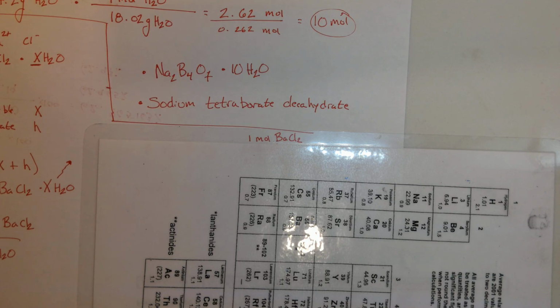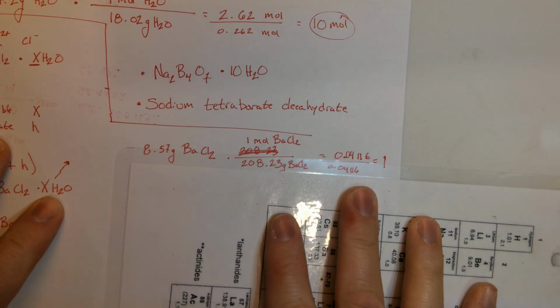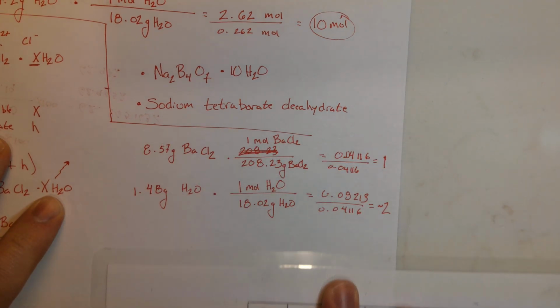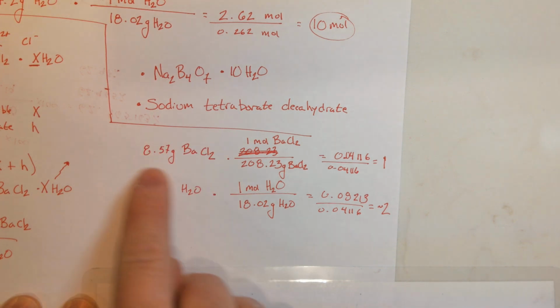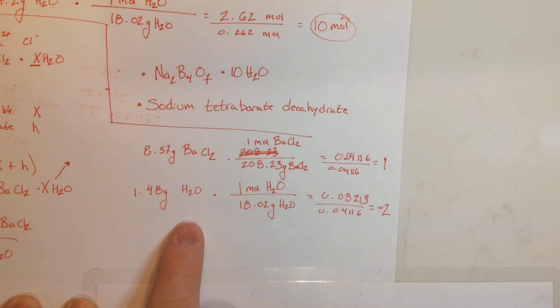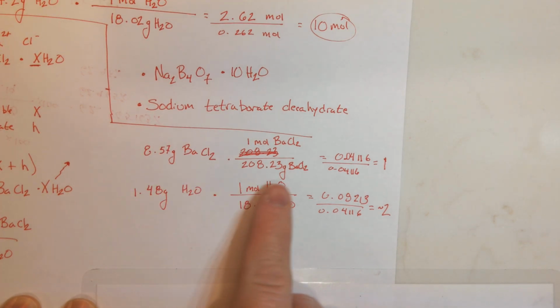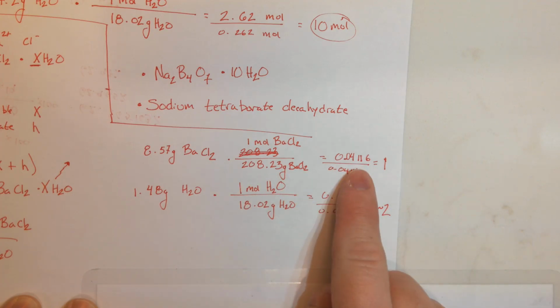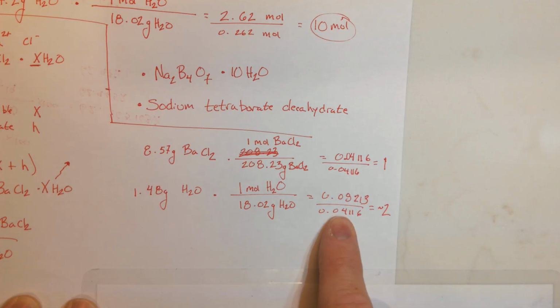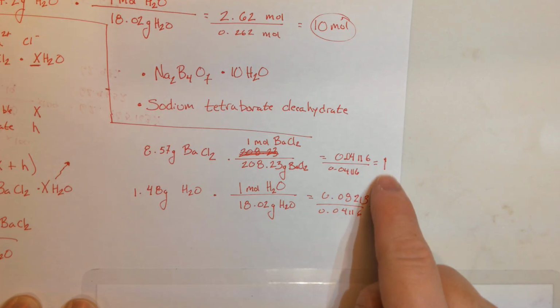Okay, so hopefully you've been able to do this with your neighbor. Okay, and hopefully you've done it the same way that we did it before, right? So what we do here is we take the amount of anhydrate and the amount of water, and we convert that into moles using the molar mass. Then we divide by the smaller number and we get the mole to mole ratio.